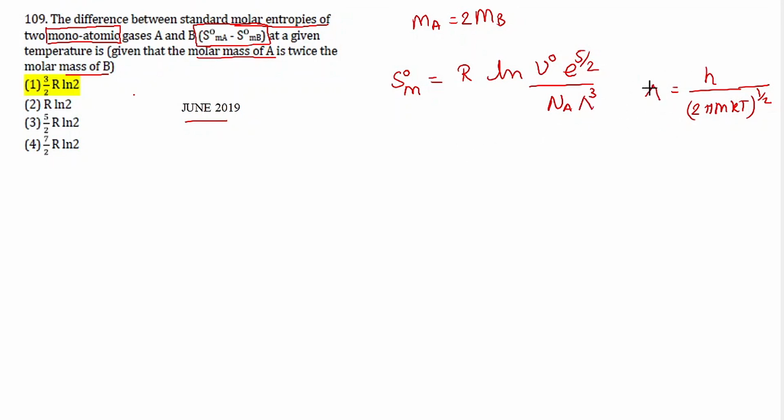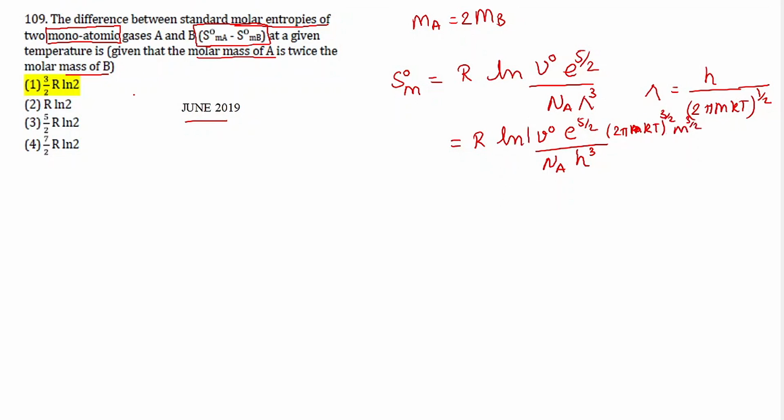So when we substitute this over here, we will have R ln V0 e raised to 5 by 2 Na, and this h cube will go in the numerator, and I will take m separate and the other things separate, that is (2 pi kT) to the power 3 by 2 and m raised to 3 by 2.